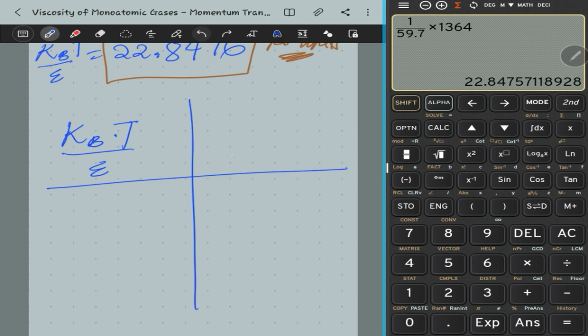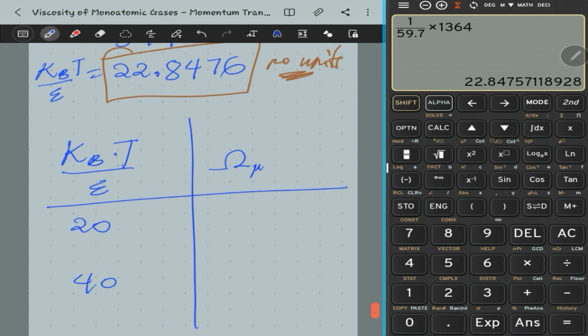It's the last thing we need to find the viscosity. We have 20 here, and then about 40 here. The value that we are looking for is this. So it's under this side of the table that I'm doing.